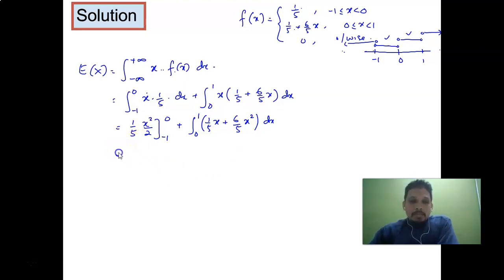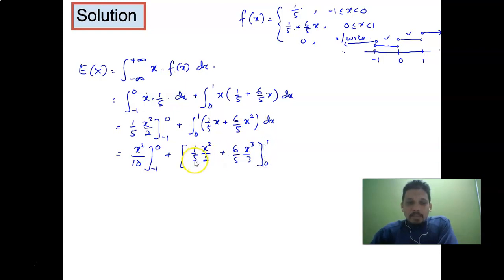Make this one x squared divided by 10 from negative 1 until 0, plus, let's integrate this one by one. The integral of 1 over 5 x is 1 over 5 x squared divided by 2, plus 6 over 5 integral of x squared equals x cubed divided by 3, from 0 until 1.